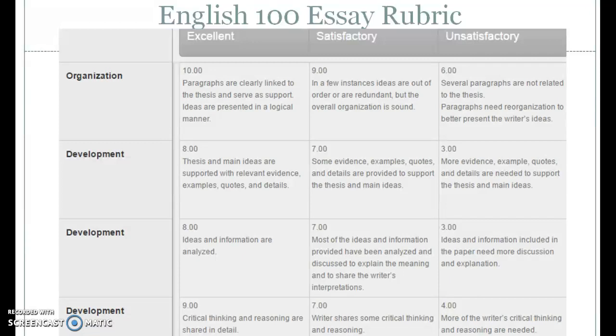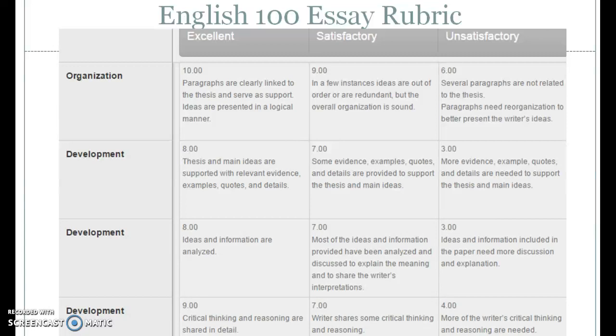So in terms of development, I'm looking to see that your thesis and then the main ideas, so the M's in all of your body paragraphs, are supported with evidence, examples, quotes, and details so that you provide the evidence. And then I'm looking in this next one here, I'm looking for your analysis, right? So I'm looking to see all this information, all these ideas that you included, have you analyzed them?